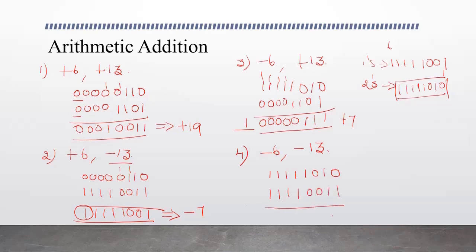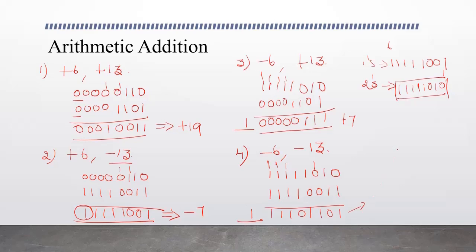When we add these two, we get 1 1 0 1 1 1 0 1 1 1 plus 1 plus 1 is 1 1, and here again 1 plus 1 plus 1 is 1 1, again 1 1. We have a carry out of the sign bit. The sign bit here is 1, so that means this is a negative number. Here to find this number, we take the 2's complement.